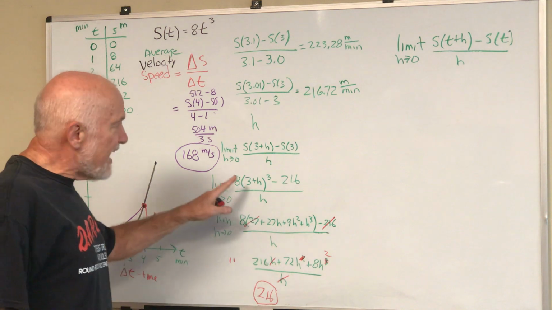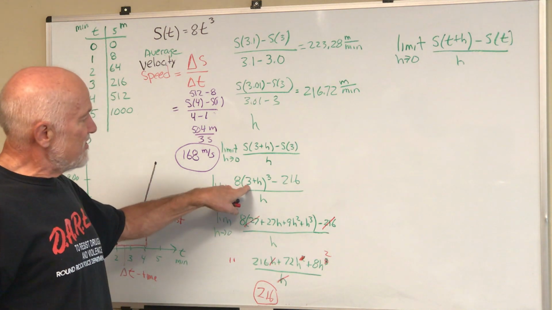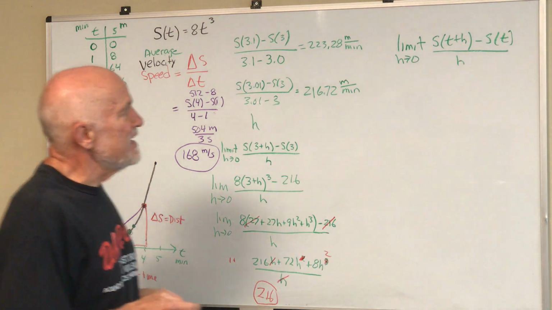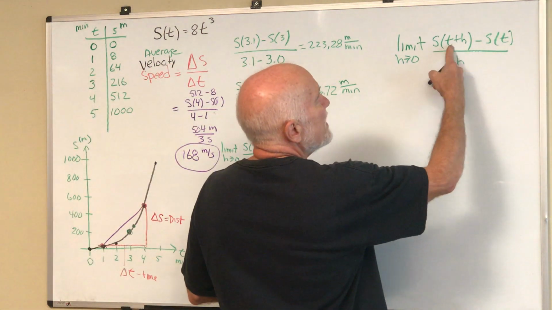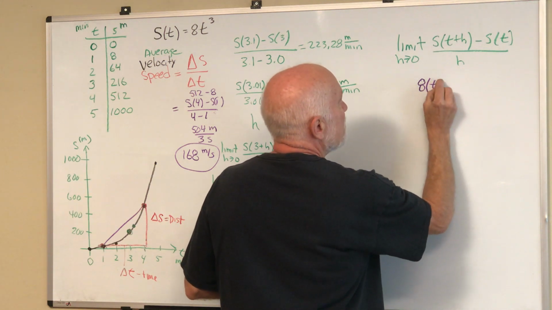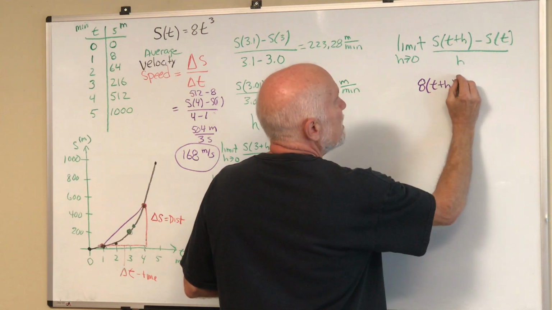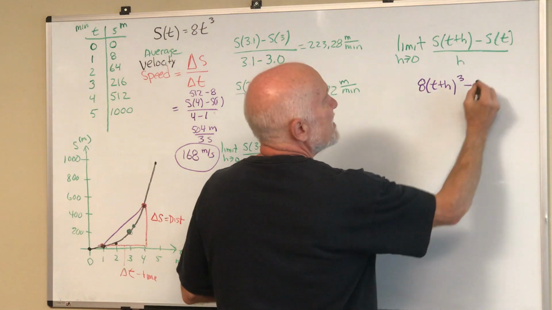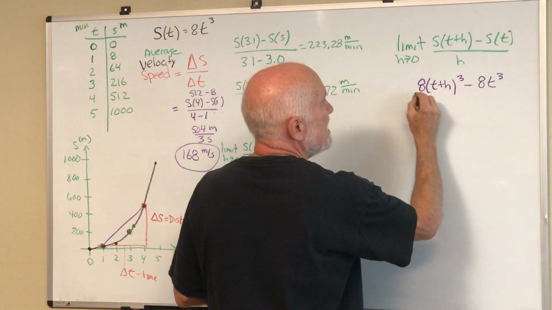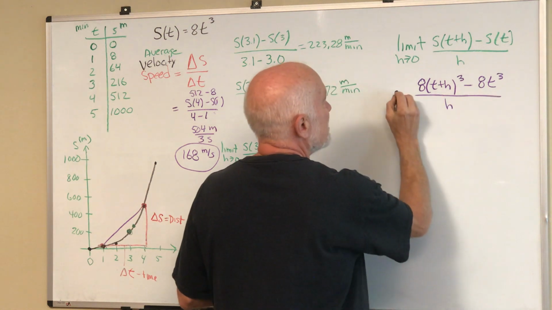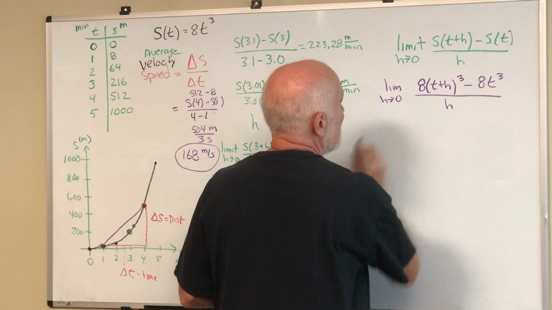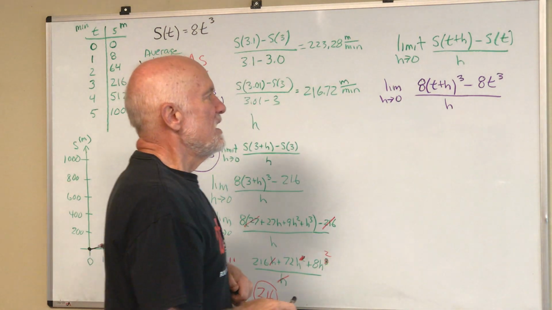So we're doing it exactly the same way we did here, except for letting 3 become a variable t. Well, what is this formula? It's 8 times t plus h cubed minus 8t cubed, s of t, all over h. And then at the end, we're going to take the limit as h approaches 0.